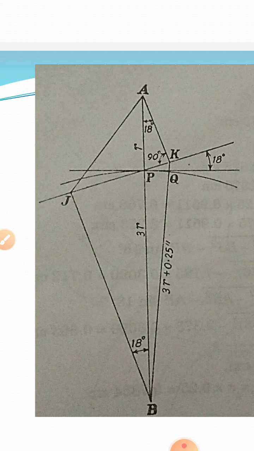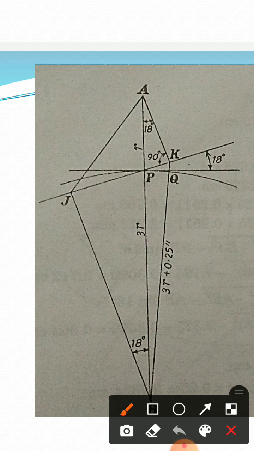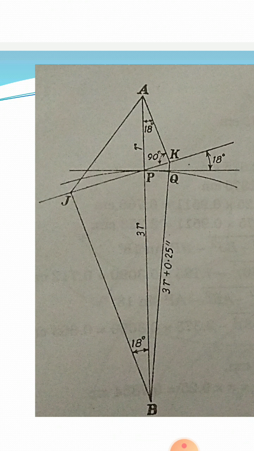The wheel pitch circle radius now becomes 3r, because the velocity ratio is given as 3. So 3r is given, and r is the physical radius of the pinion. Now with this condition we move further.